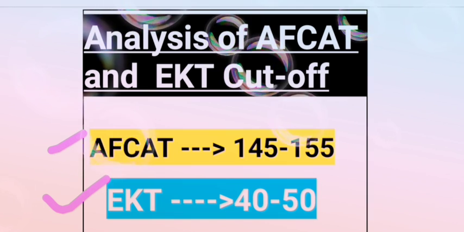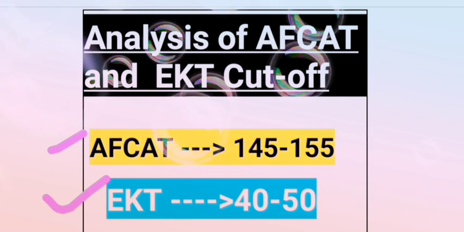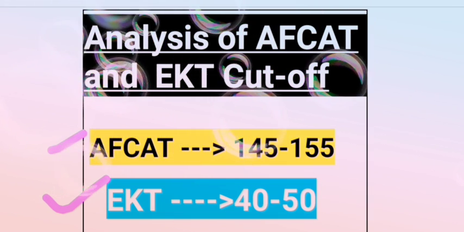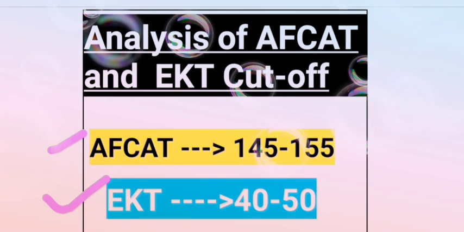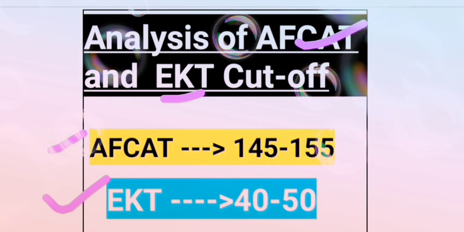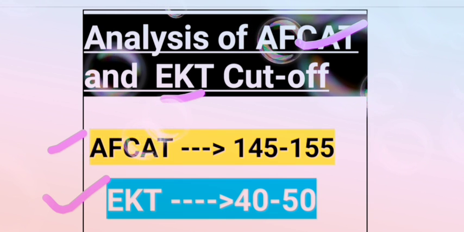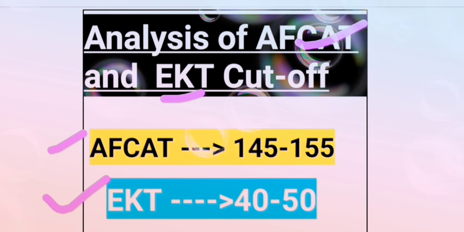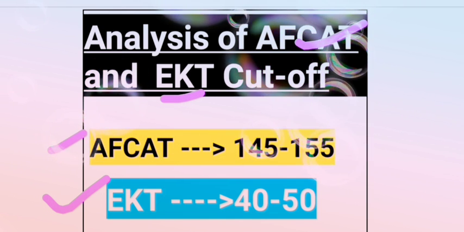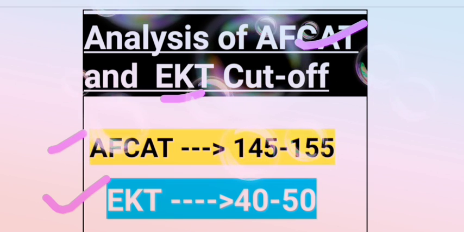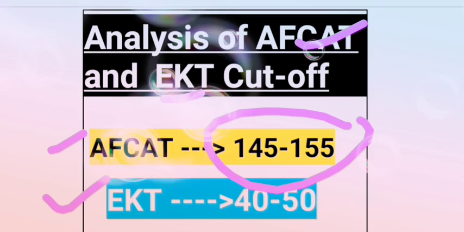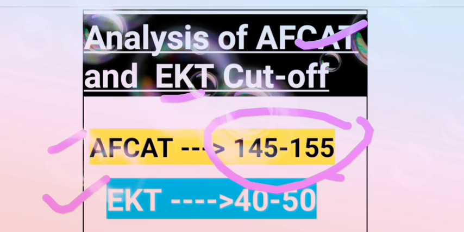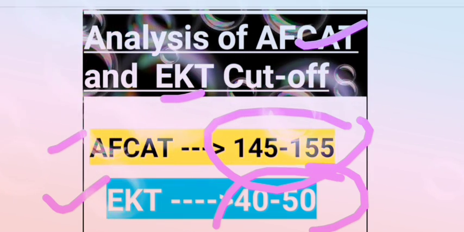Here the difficulty of the paper is not very high, but we say that yes, at this time the EKT and AFCAT paper is just tough, and slightly difficult. And here we assume in our analysis that the cutoff of the AFCAT paper is 145 to 155, and the EKT cutoff is going to be 40 to 50.